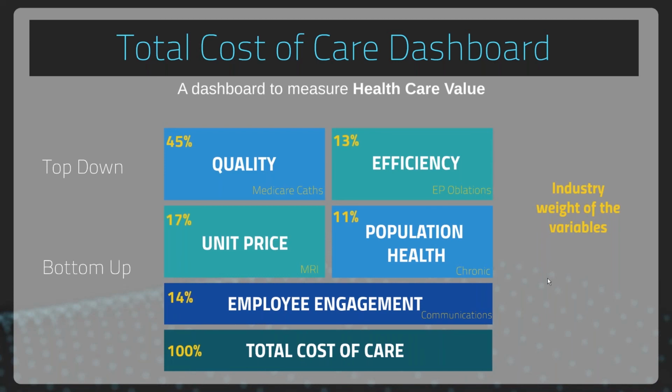And then, of course, there's unit price. How much do these services cost to treat the diseases? And then population health. Do you have care coordination? How are you managing your chronic condition patients? And then employee and patient engagement is also very important.